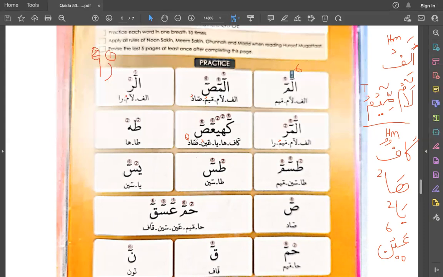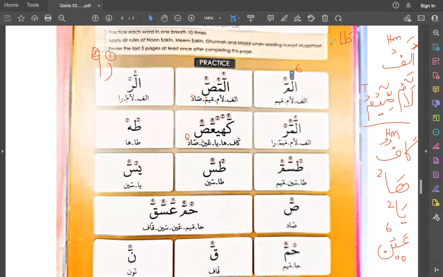Ayn sad. Kaf ha ya ayn sad. Yes. Then ta, if you wanted to write ta, that will be two counts long too, because there are only two letters, and it is ending with a natural, naturally long vowel.